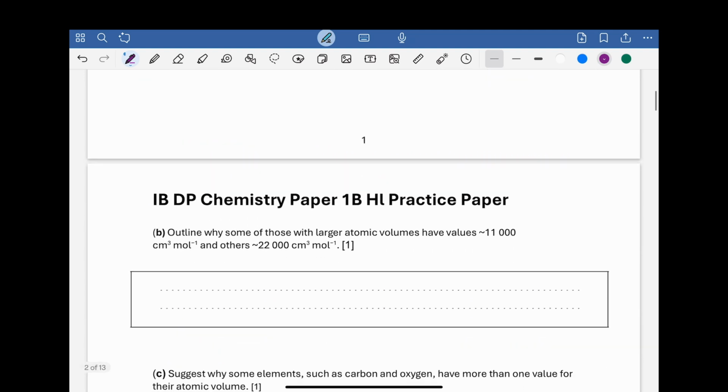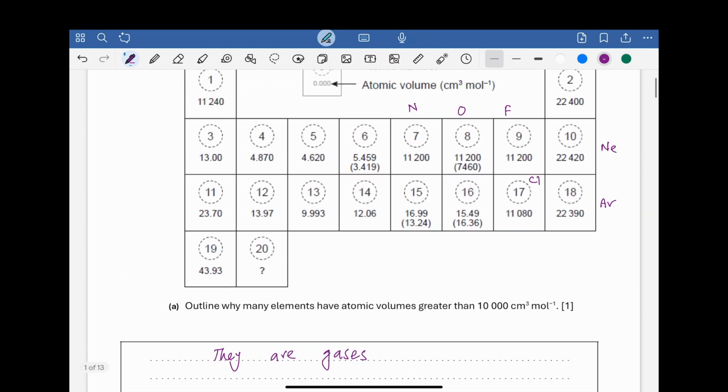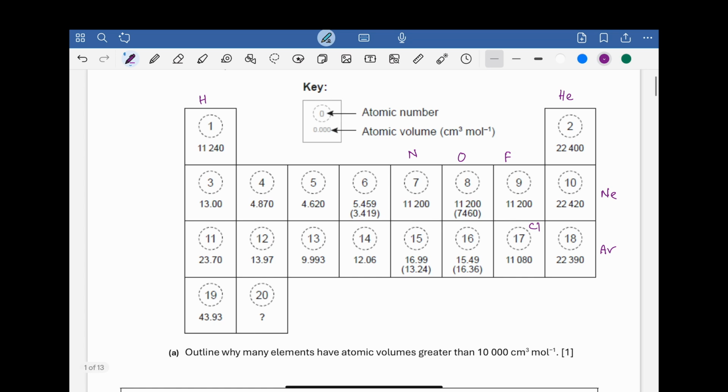B. Outline why some of those with the larger atomic volumes have a value of almost 11,000 centimeter cube per mole and others almost 22,000 centimeter cube per mole. So let's go back and have a look at the table one more time. As we can see, group 18 noble gases have almost 20,000 centimeter cube per mole, while the other gases have around 11,000.